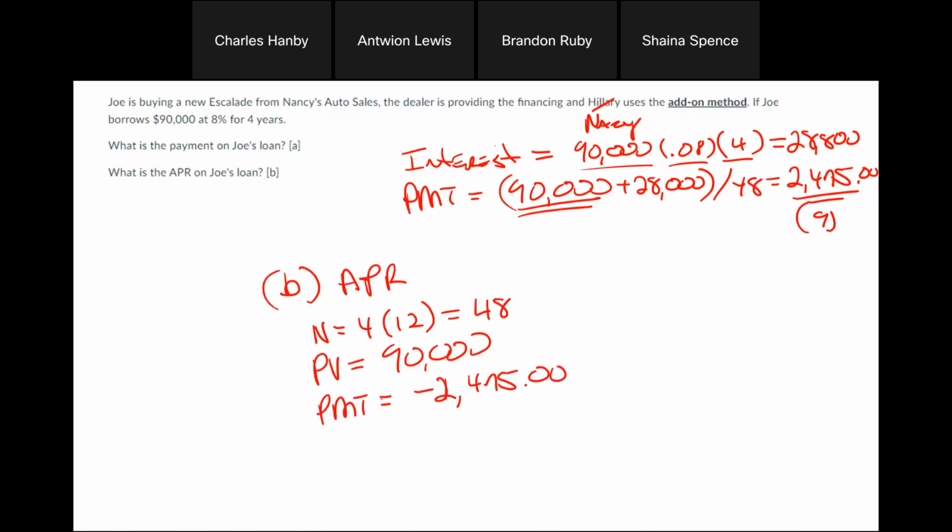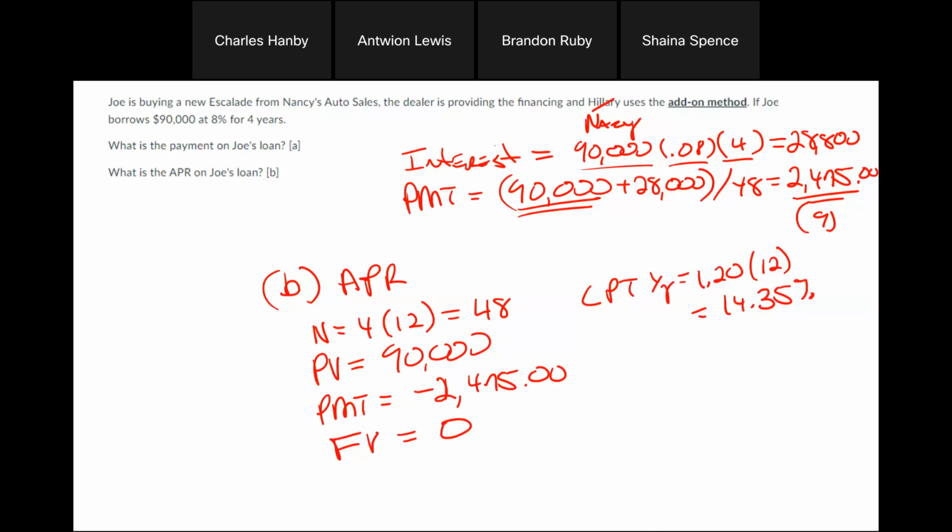I should have pointed this out: you need the sign to get the calculator to work. If you enter the payment as a positive number, you would get an error message. Future value is 0. Then we compute I/Y and get 1.20, and that's a monthly rate, so we need to annualize it. We multiply it by 12 and get 14.35%.